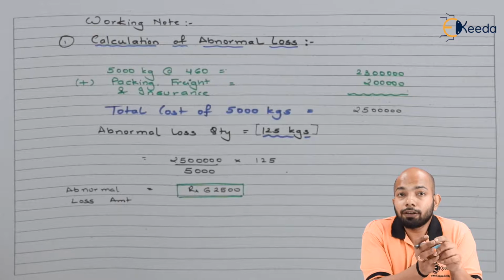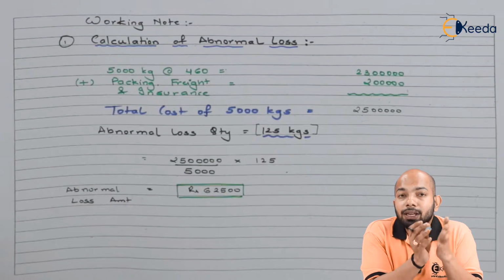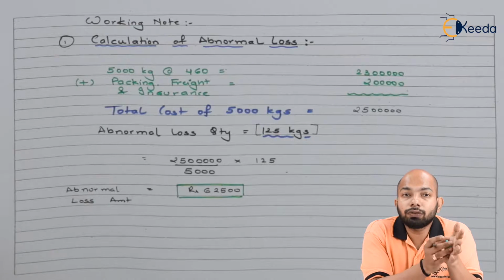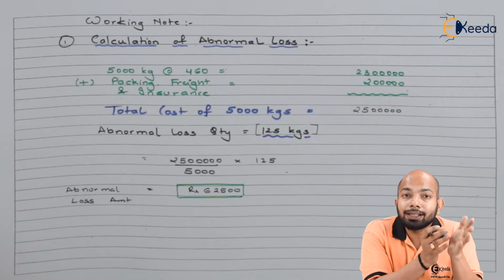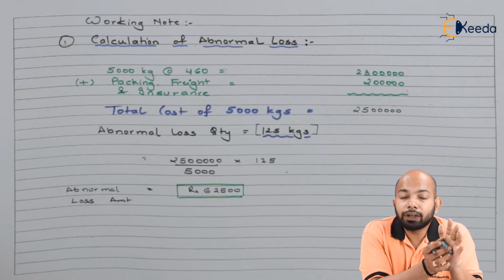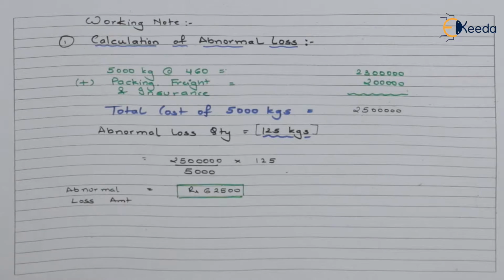Now, if 62,500 is the cost of abnormal loss, and from the total 25 lakhs you subtract this amount, then you will figure out the cost of the balance quantity, because 125 is supposed to be subtracted from 5000, and that will be the exact cost of that many items.